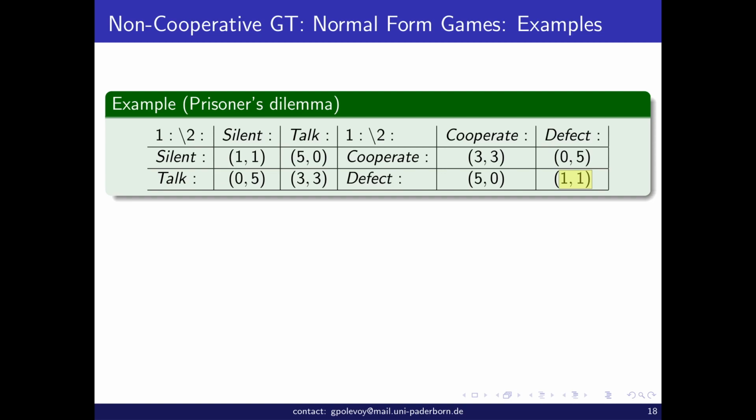And there can be other stories which are modeled that way. For example, 2 people are doing some business without the option to actually write a contract or something. Of course, it's better that you cooperate in the business, then you get 3 rather than if you both defect. But if the other guy cooperates and does all the work and you ride with the money, then you get 5 and the other guy gets nothing.